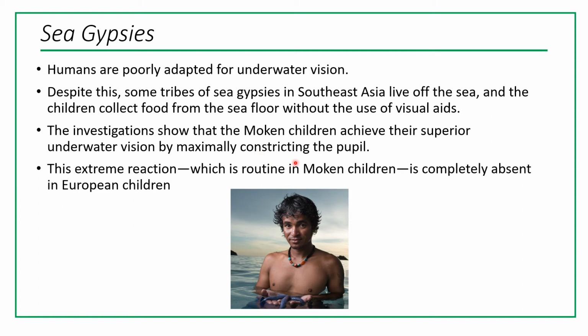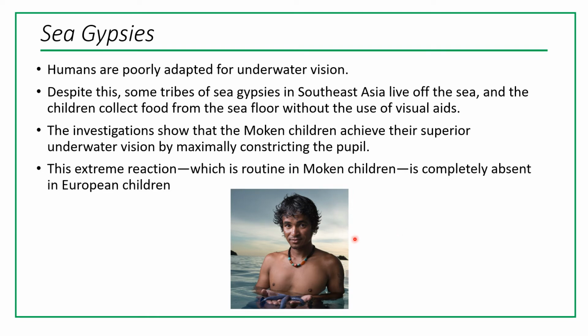They can constrict their pupil, and the pupil is that black opening in your eye, right? We cannot dilate or constrict it at will, we cannot regulate it, but these people can. When they constrict their pupil, they can see clearly underwater.